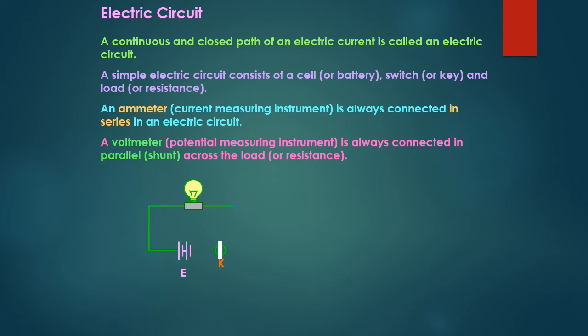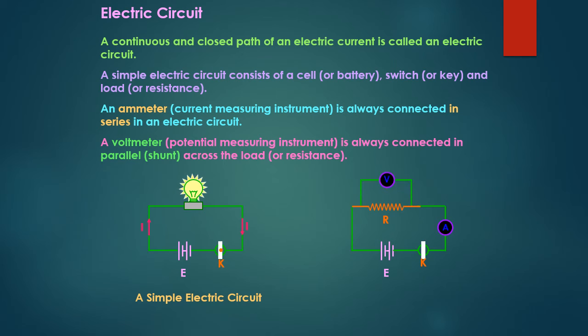The diagram of a simple electric circuit is shown here, which comprises a bulb, a battery, and a key. When the key is pressed, the path is connected and current is allowed to flow through the circuit.